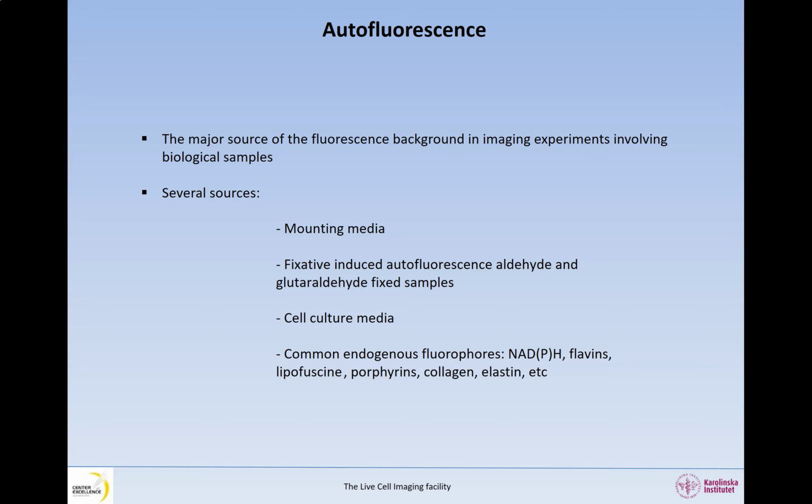Autofluorescence can come from certain components found in your cell culture media. Another source of autofluorescence can come from common endogenous fluorophores found in the cells and tissues you are imaging, such as NADPH, flavins, lipofuscin, porphyrins, collagen, elastin, etc. These components are generally fluorescent in the green and the yellow portion of the visible spectrum.